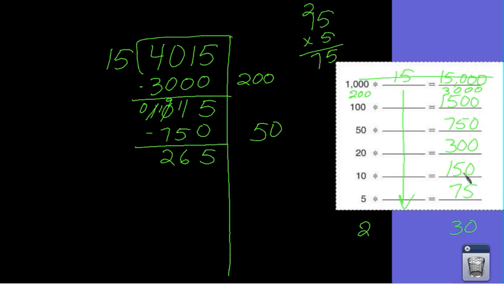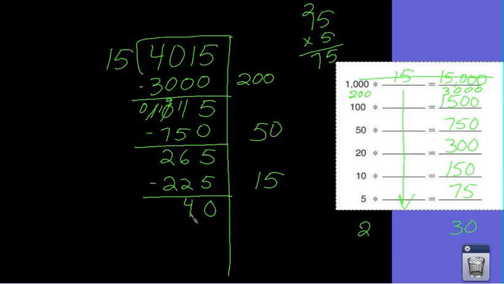And I'm going to put my 10 and 5 together for 15. So 150 plus 75 is 225. And I subtract, 0, 4, 40.